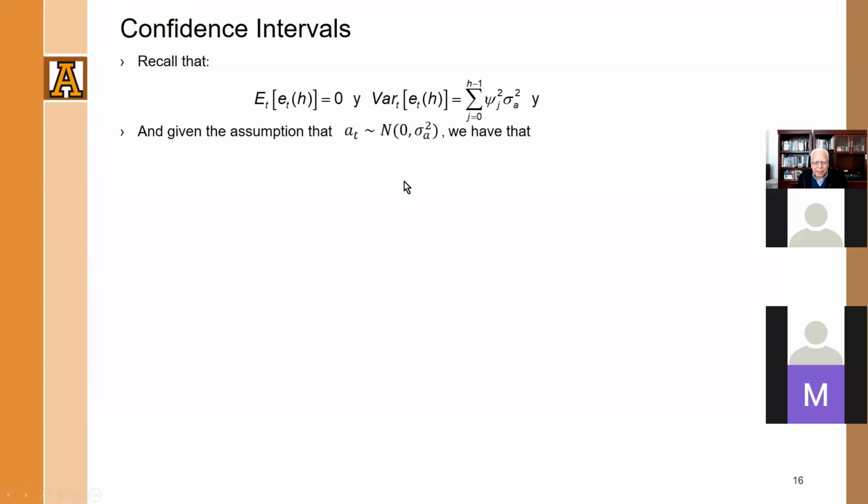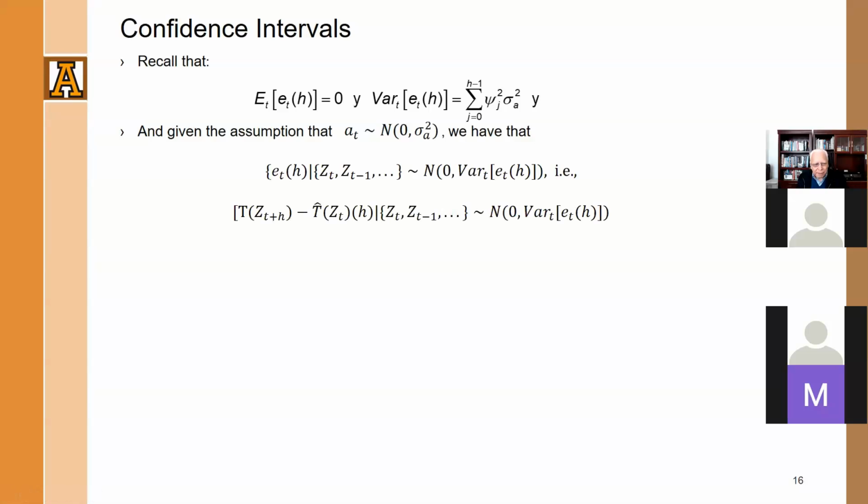And since we're assuming that the a_t's are independent and normally distributed with variance sigma squared, then the forecast error h periods ahead, given that we know Z_t, Z_{t-1}, and so on, all the past, will have a normal distribution also with mean 0 and variance conditional on t. That's why the subindex t means it's a conditional variance of the forecast error h periods ahead.